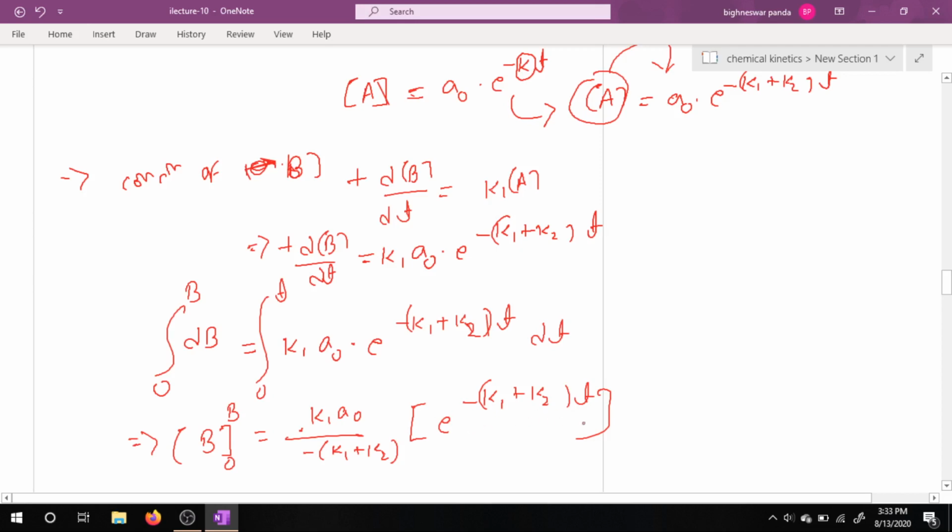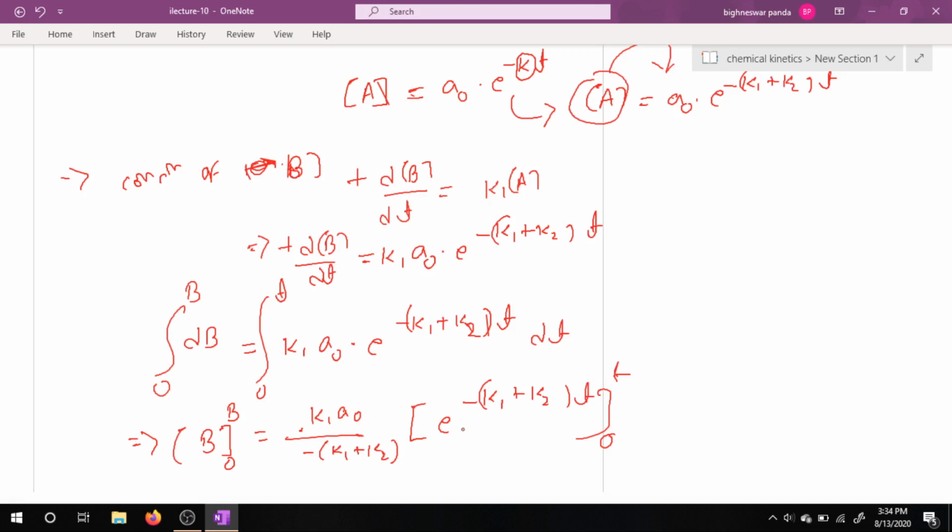For 0 to t, if you put t, then again the expression is the same, e to the power minus k1 plus k2 into t. If I put 0 in terms of t, then there will be e to the power 0, that is minus 1.